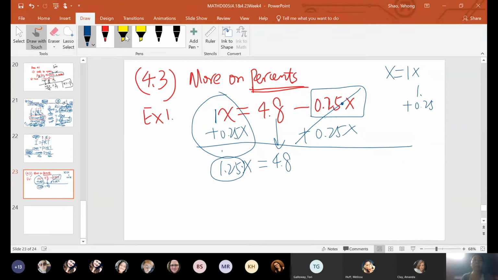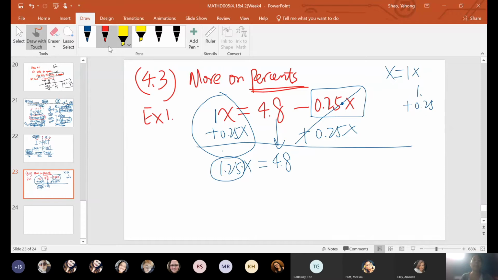Molly, what do you mean, turn into exponent? I didn't understand. In my head I thought that when you added those two, it turned into 1.25x.